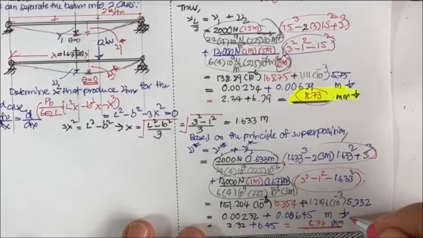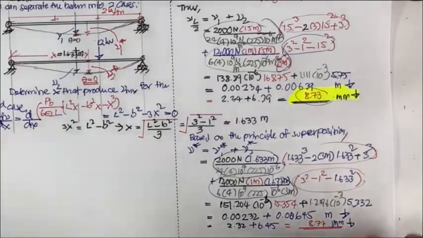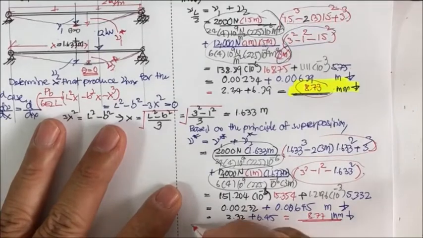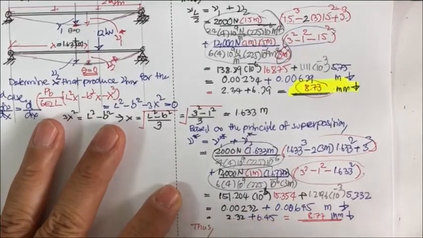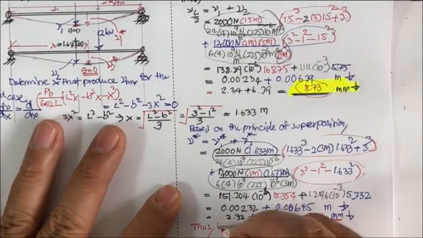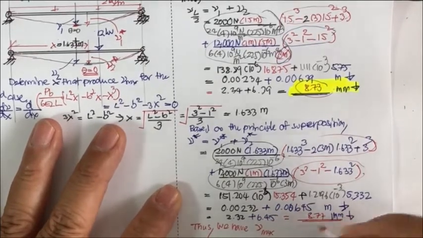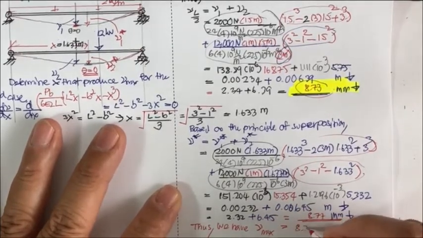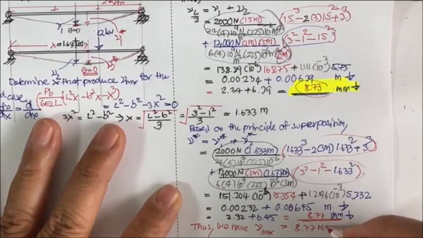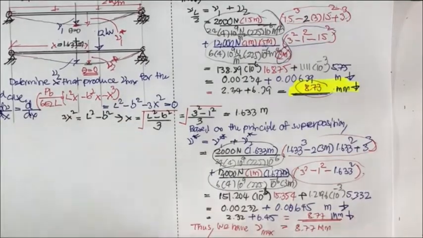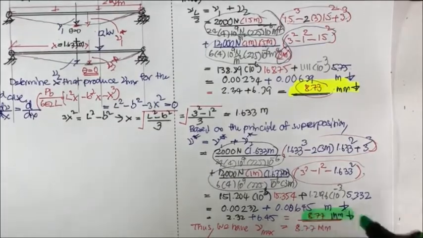So this is going to be the Vmax. So thus we have Vmax equal to 8.77 millimeter. Okay, it's not that one, it's going to be this one.